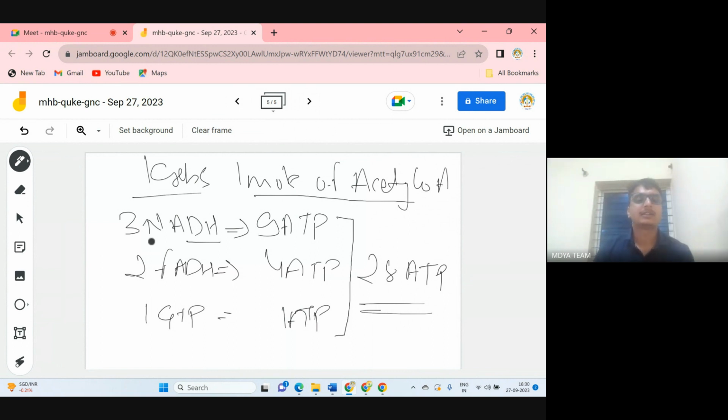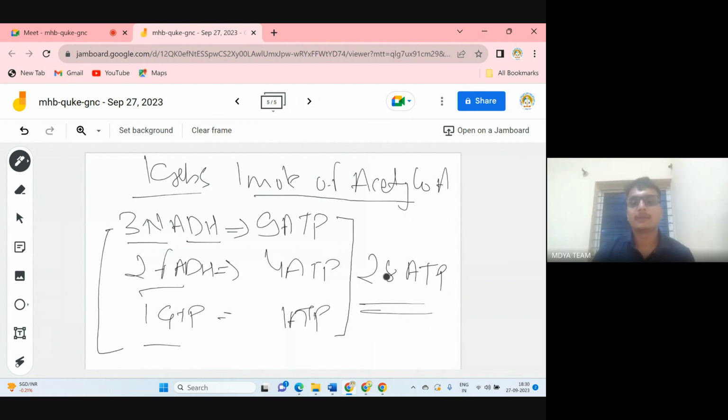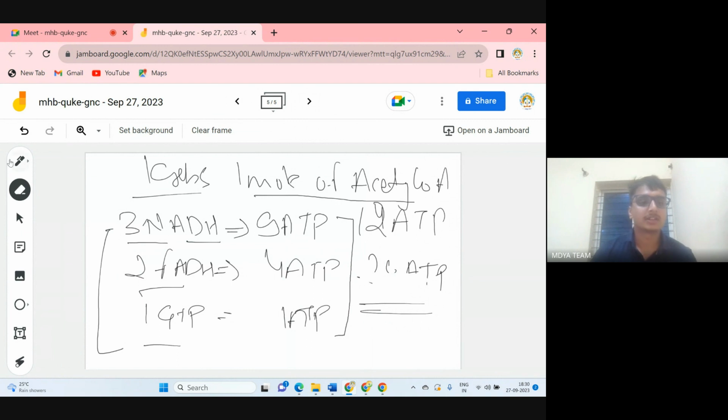Actually, 3 NADH, 2 FADH, and 1 GTP are produced in one cycle. So in one cycle there is production of only 14 ATP. FADH is only one in one cycle.